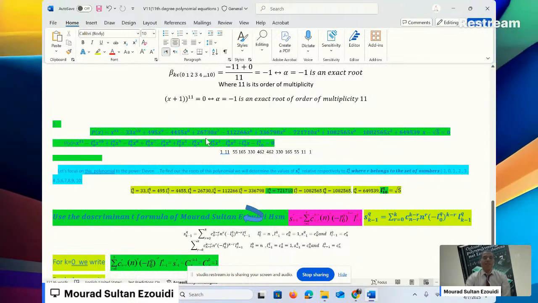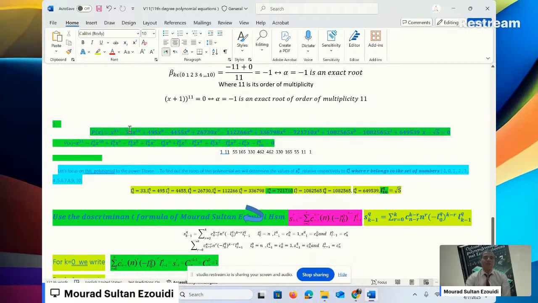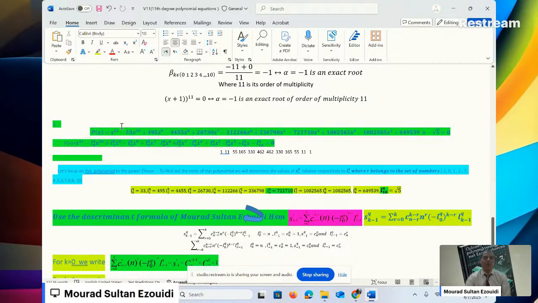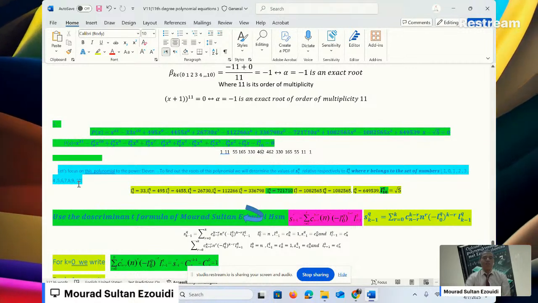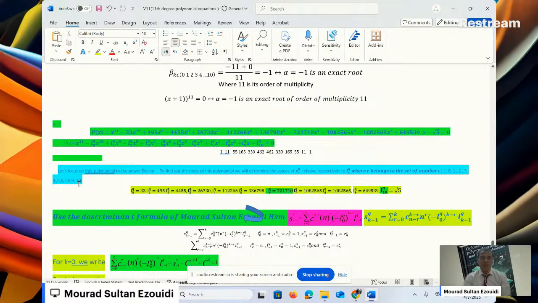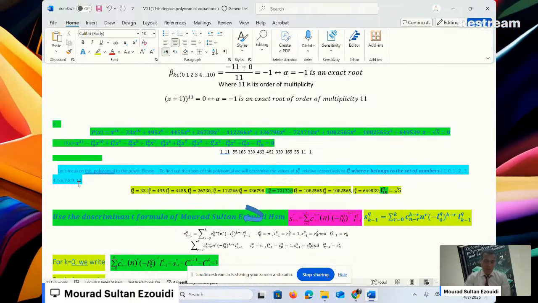And n denotes the highest power of the equation, which is 11. So 11 minus 1 gives you the last coefficient of your new 11th degree polynomial equation.